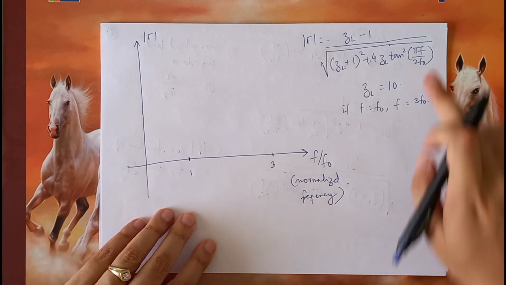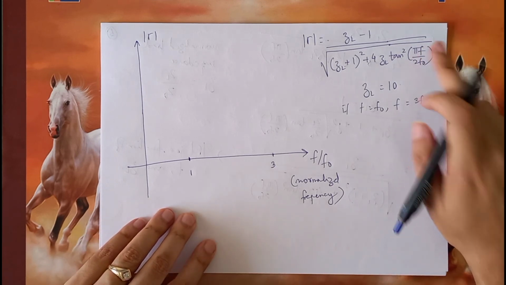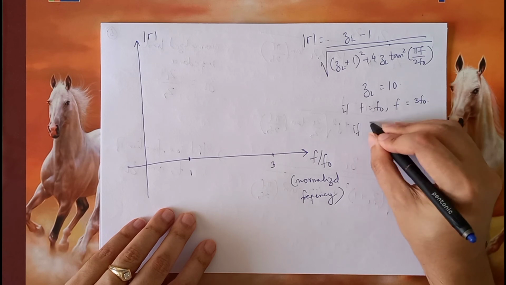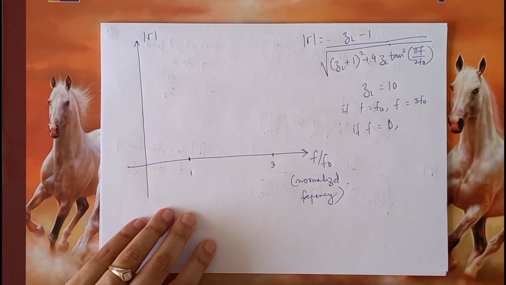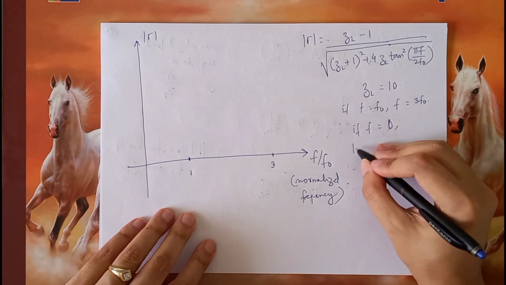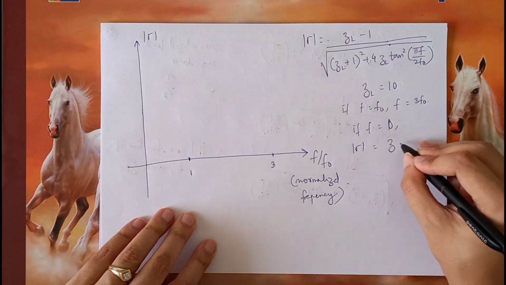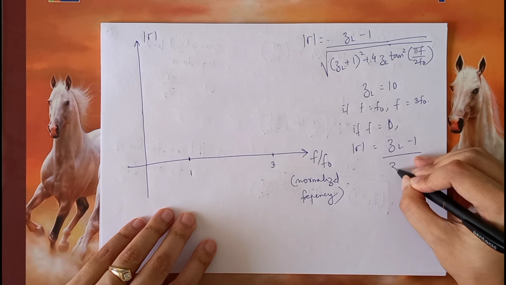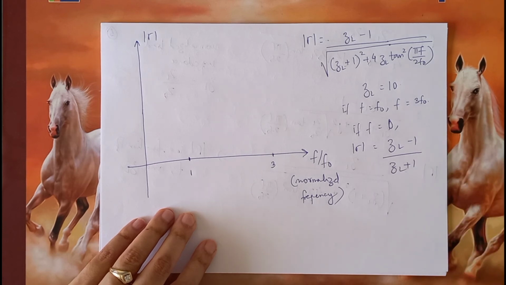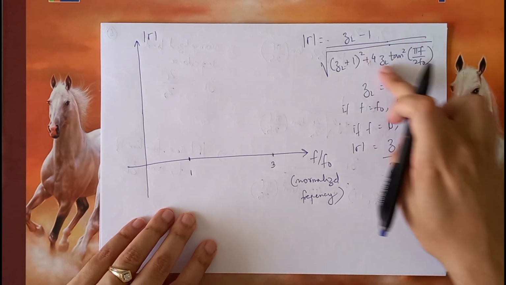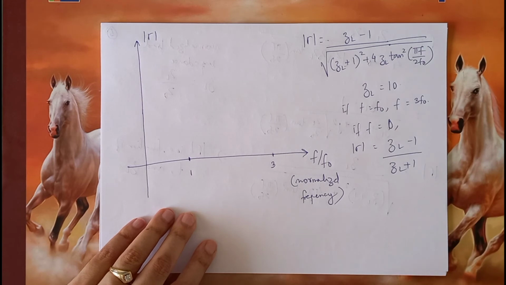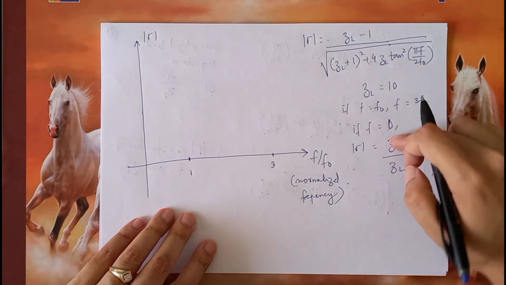Now, let us put the special case where f is 0. That is 0 frequency. Then in that case, mod gamma will be ZL minus 1 divided by ZL plus 1, because this second term will now vanish. So now we need to put the value of ZL.